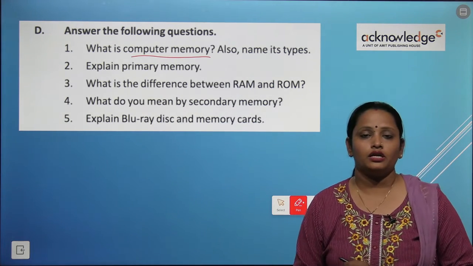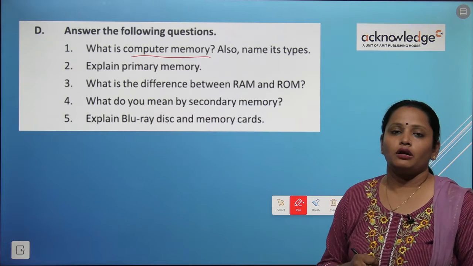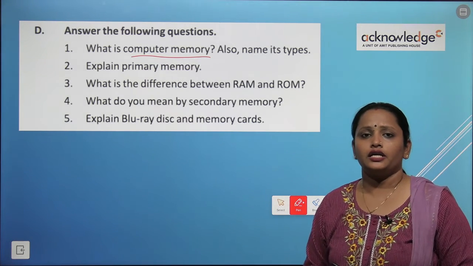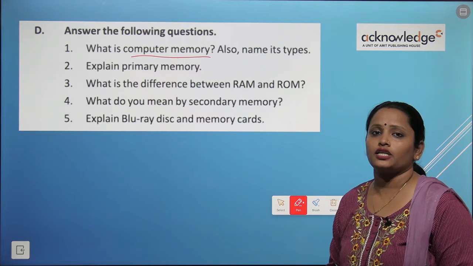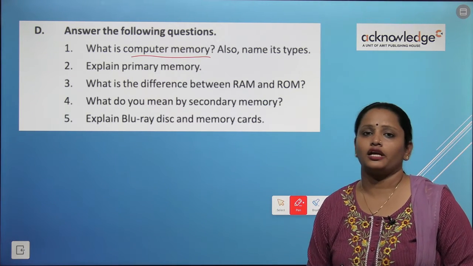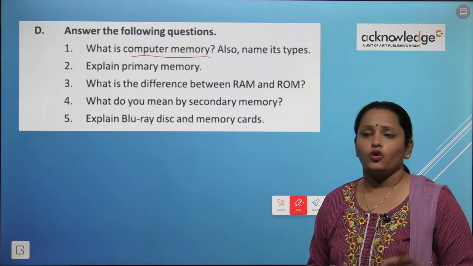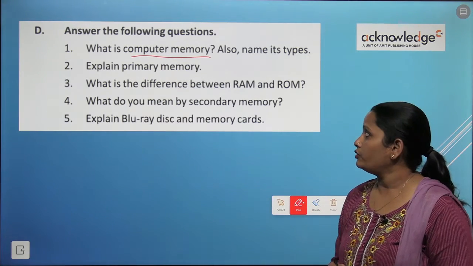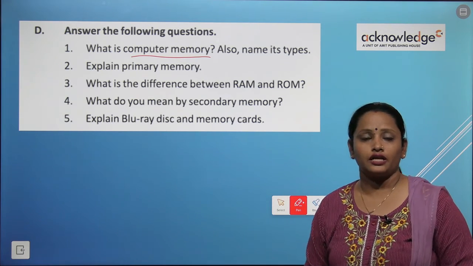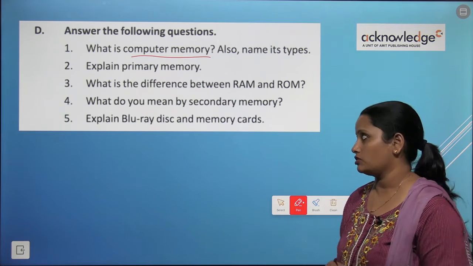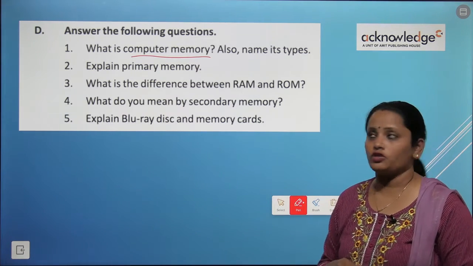Primary memory is the memory of the computer that is permanent and it is divided into two parts, that is RAM and ROM. RAM is random access memory and ROM is read-only memory. Whatever information we feed on RAM is volatile in nature and ROM is nonvolatile in nature. So this was our primary memory, children.